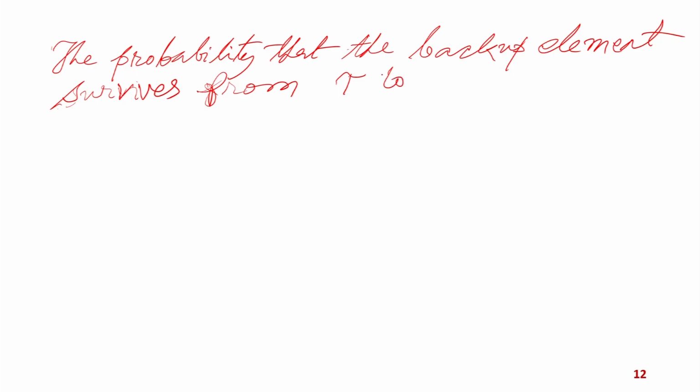So, the failure has occurred at time tau, so the backup unit must work from tau to t. So, that probability is e to the power minus lambda into t minus tau.